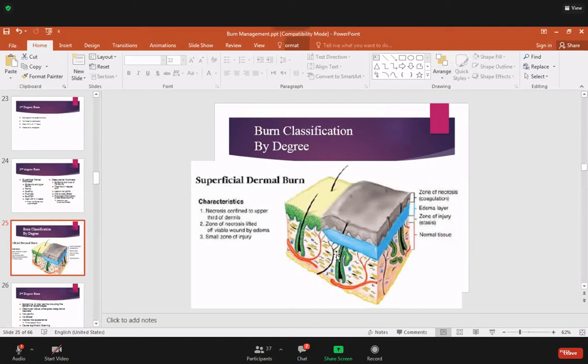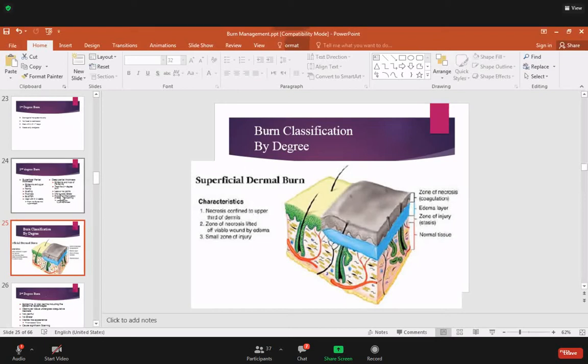So the patient experiences more pain. But if the burn is extending till this region, the nerve will coagulate, it will lyse, and the patient will not experience pain. So when the nerve is totally damaged, there will be no pain. But when the nerve endings are exposed to the inflammatory substances, the patient will experience more pain.